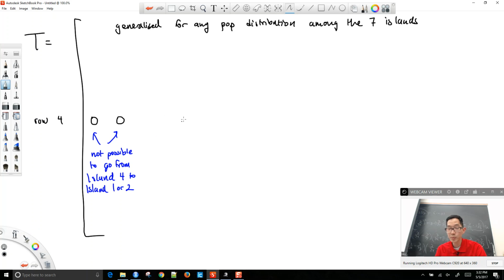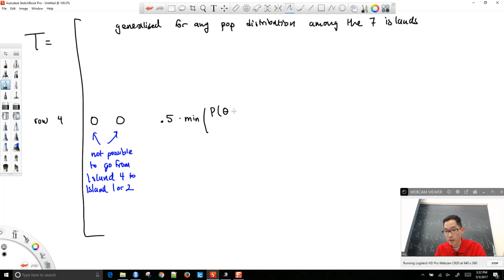And then what is the probability that we end up at island 3? Well, first we have to flip the coin, and it has to say go to the left. And then we're going to multiply this by the smaller probability of the island that is island 3.